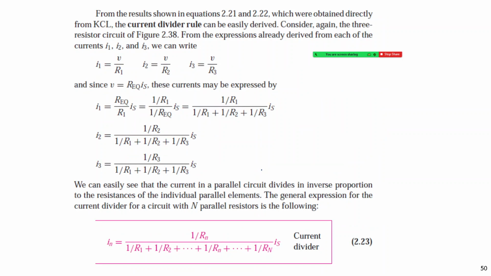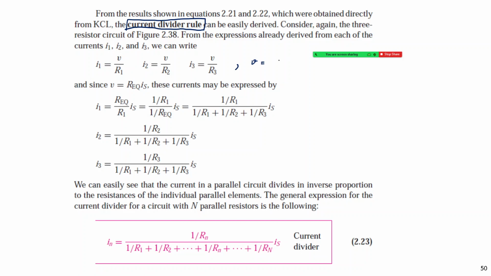So we can also use one rule called the current divider rule for this circuit. This is current divider. In this case, we know that I1 is V over R1, I2 is V over R2, I3 is V over R3, and V is Req divided by Is into Is, right?